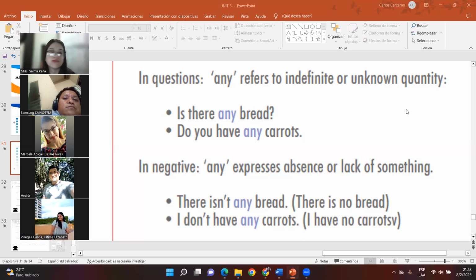We don't have water. Or if you say there aren't any apples, you don't have apples. In this case, any is just for emphasize the fact that you don't have something, you know? Mm-hmm. Got it. Yes, exactly.